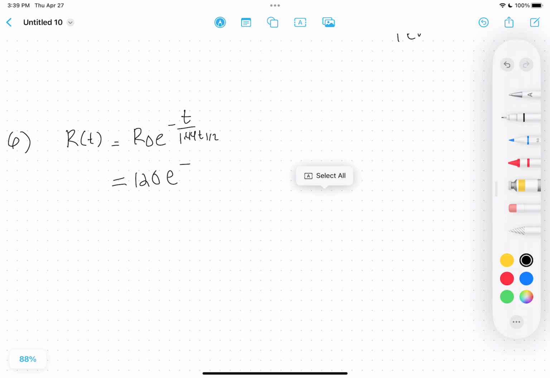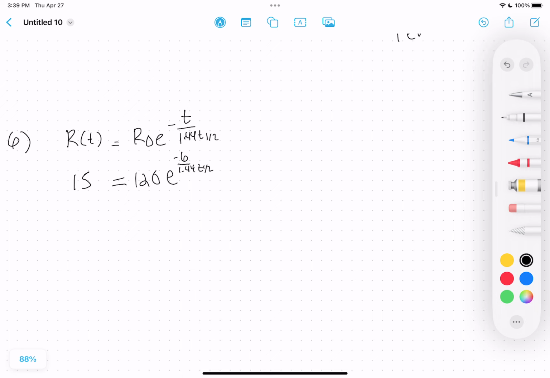It was 6 days. So 6 days should be the t up top there. So e to the negative 6, divided by 1.44 times your half-life. And then RT, the activity after 6 days, we've reached 15 decays per second. So on the left-hand side, we should have 15. Let me just write that out here so you guys can see it.